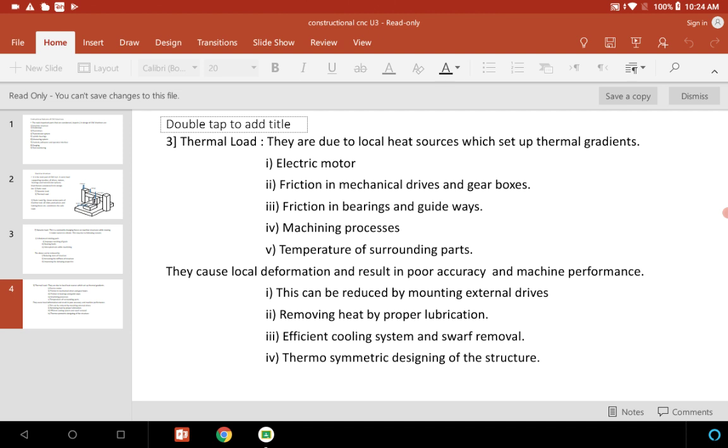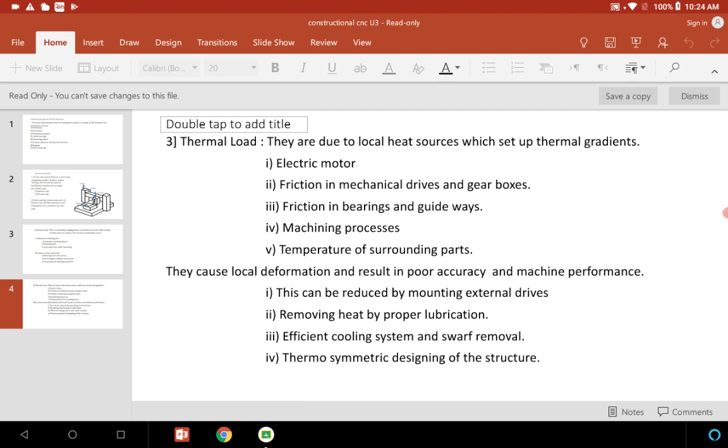From that also a particular load is acting on the machine structure. The heat related sources may be the electric motor, friction in the drives or gears, and friction in bearings and guideways.